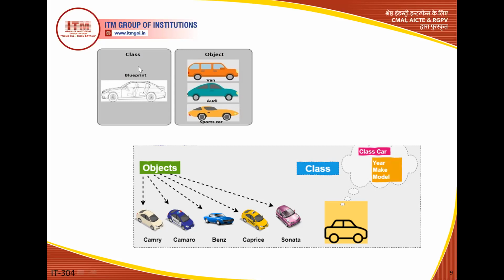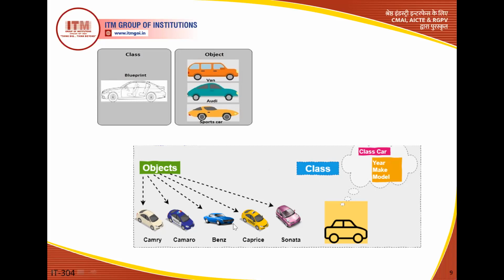Inside the class. So what is a class? It is a collection of common properties. This car has common properties like year, make and model. So a class contains common properties, and by adopting those common properties we can create the objects.